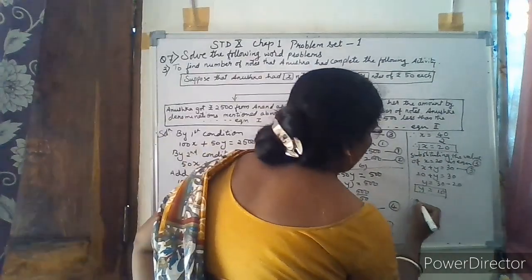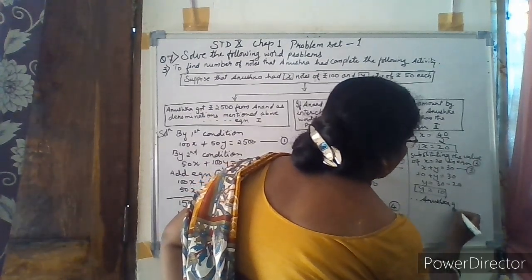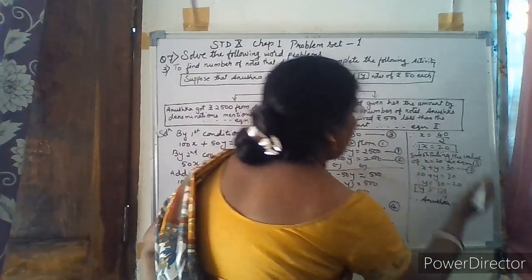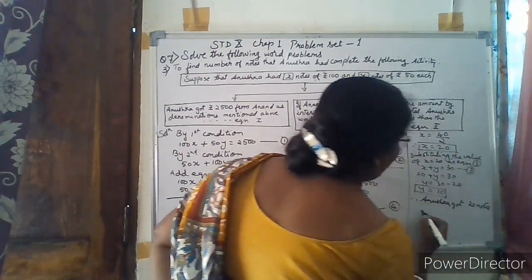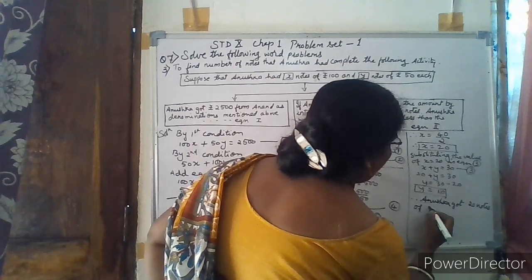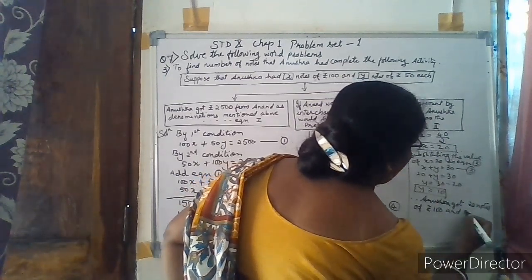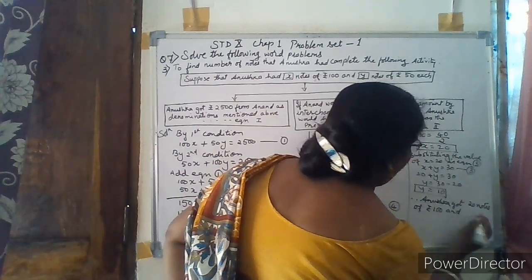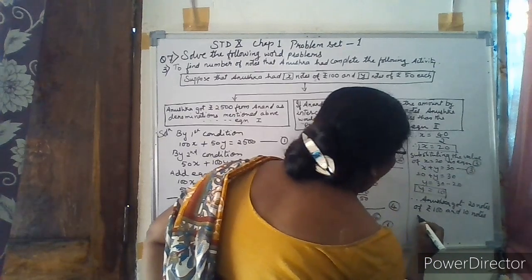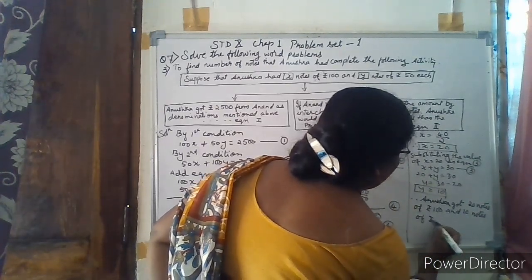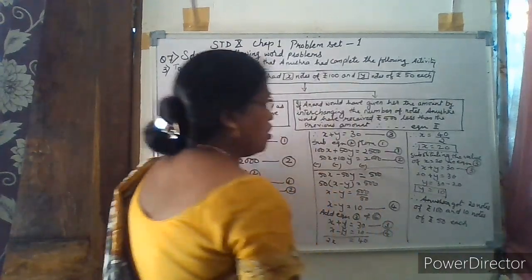Therefore Anushka got 20 notes of rupees 100 and 10 notes of rupees 50 each. This is the concluding answer.